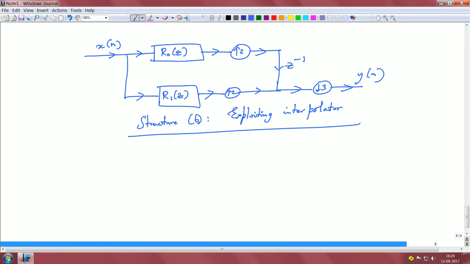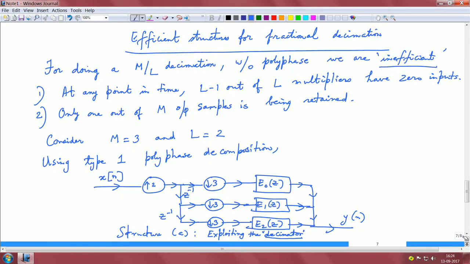Now, one of you may question if structure B is efficient or structure A is efficient, and realize the possibility that both of these are still inefficient. Because in structure A you are upsampling by 2 here, that means you are inserting an additional 0 that goes through this filtering process here, which is not efficient, because we said these two things make an M by L decimation inefficient.